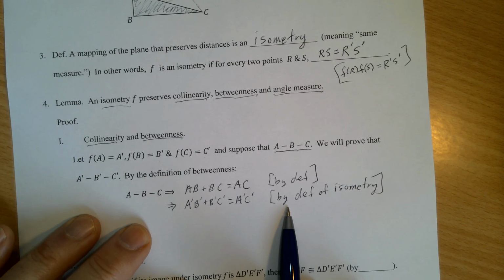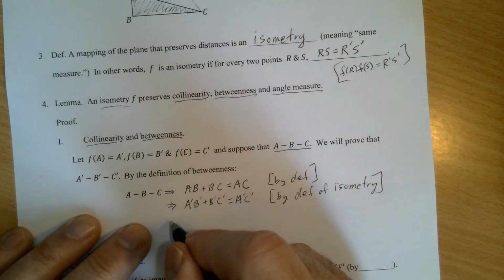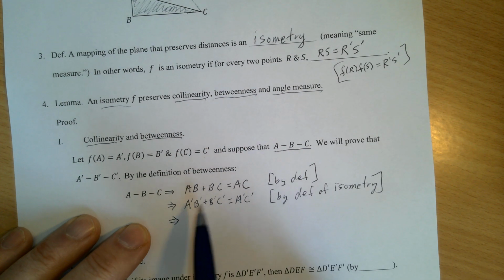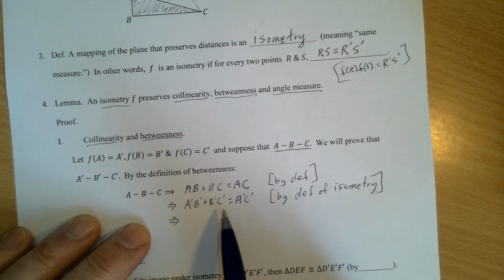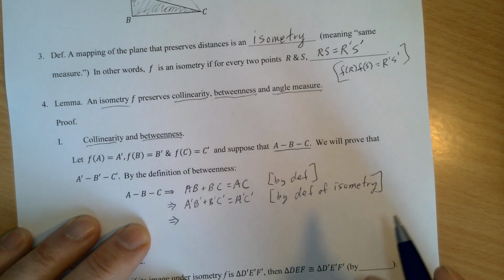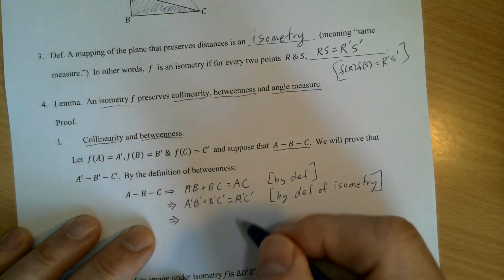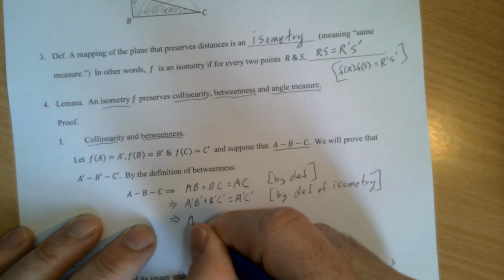Okay, well, what does this mean? If A prime B prime plus B prime C prime is equal to A prime C prime, that by definition means that B prime is in between A prime and C prime.